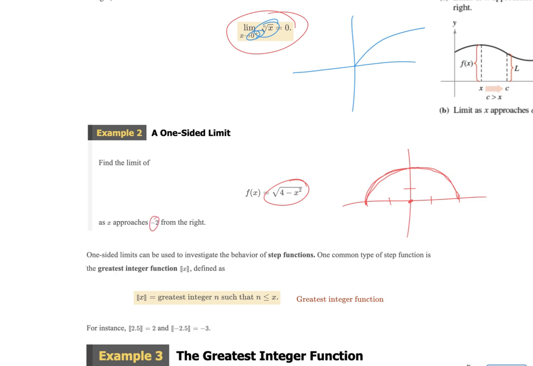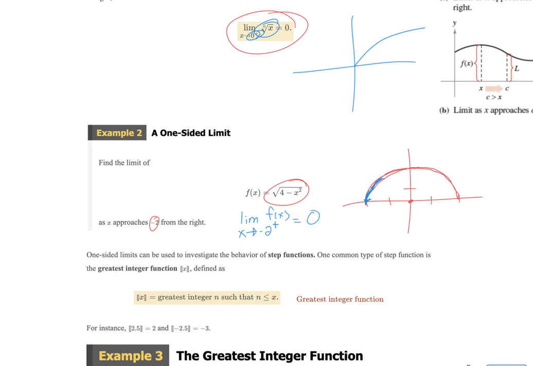We can look at this graphically now and see that we're coming down here closer and closer to 0. So the limit of our function f of x as x approaches negative 2 from the right, so we're going to have our plus sign, equals 0.